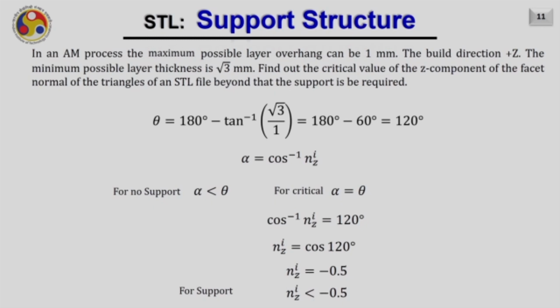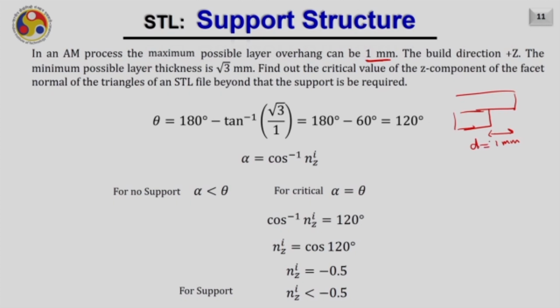Now, let us solve a problem to find out the critical value of this alpha. It is given that in an additive manufacturing process, the maximum possible layer overhang can be of 1 mm. So, the overhang which was unsupported by anything is 1 mm. So, D is 1 mm.